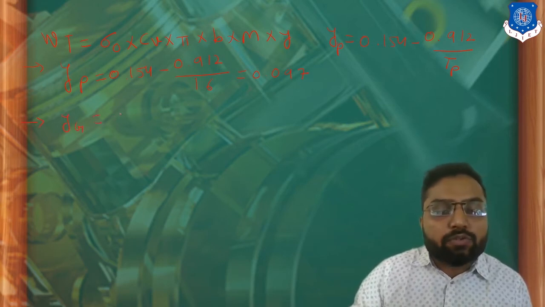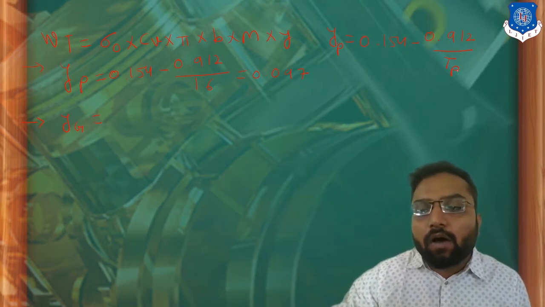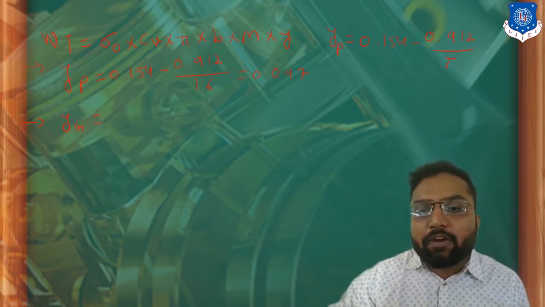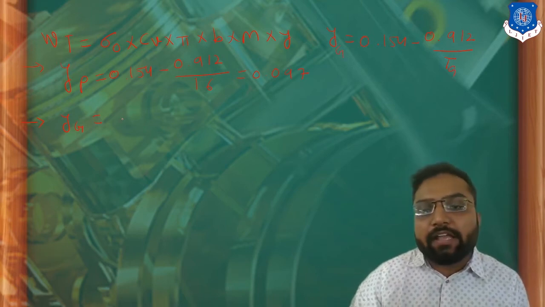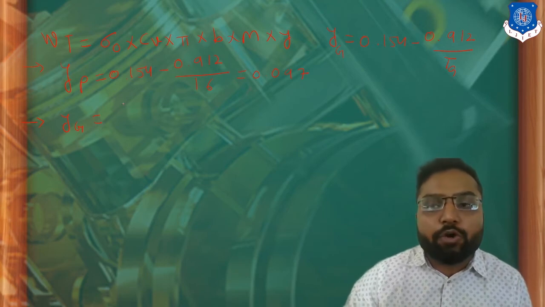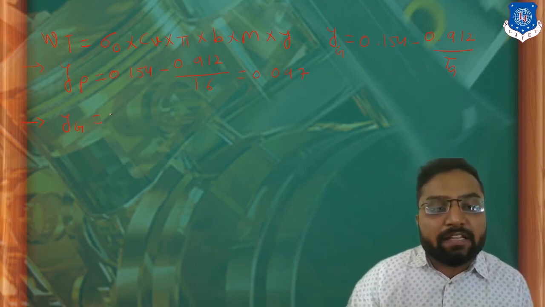Now, for a gear, it is YG. The same value applies, but the number of teeth of the pinion will change. In place of TP, it will be TG.